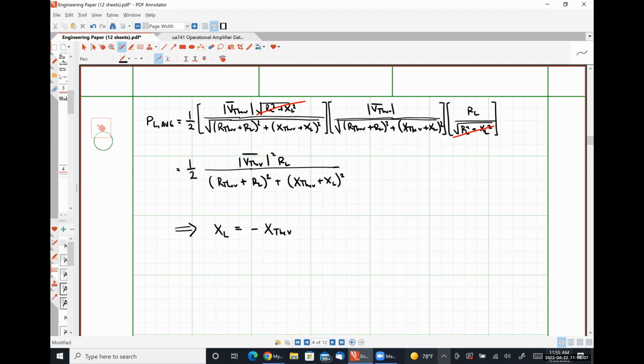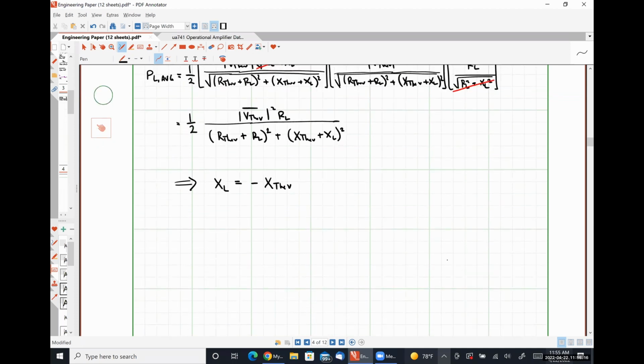So under this constraint, that XL is exactly equal to negative X Thevenin, our average power representation, which I'm going to call PL average prime, no derivative or anything like that, just saying that it's not the full thing that we're trying to maximize, we're left with the magnitude of V Thevenin squared times RL over (R Thevenin plus RL) quantity squared.